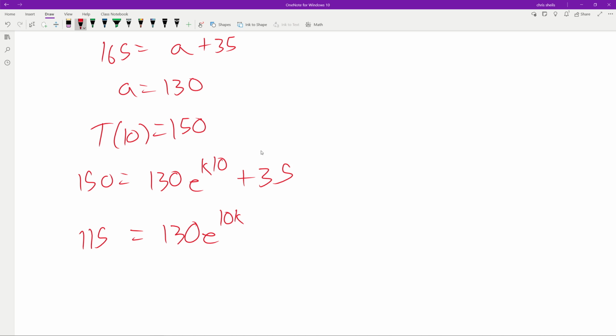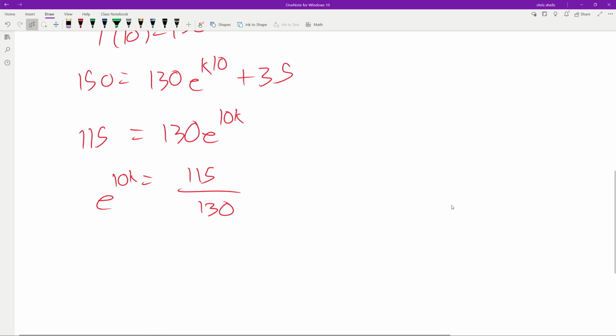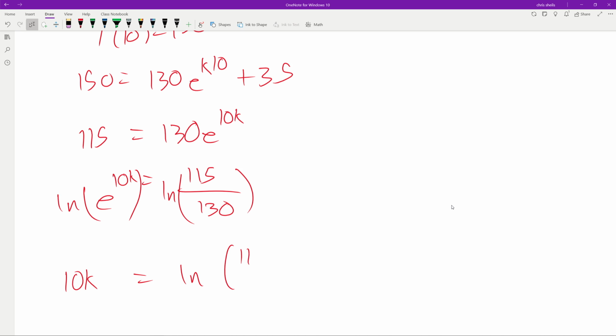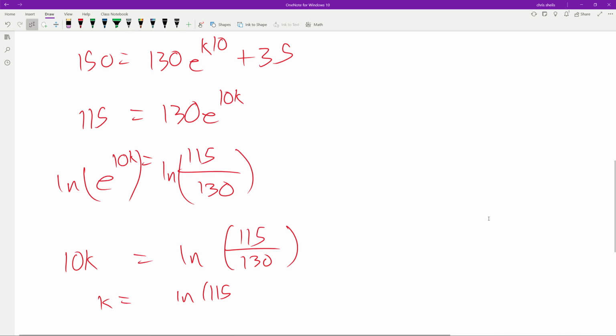Dividing both sides by 130, I get e to the 10k is equal to 115 over 130. Taking the natural logarithm of both sides, I get that 10k is equal to the natural log of 115 over 130. So k is equal to the natural log of 115 over 130, divided by 10.